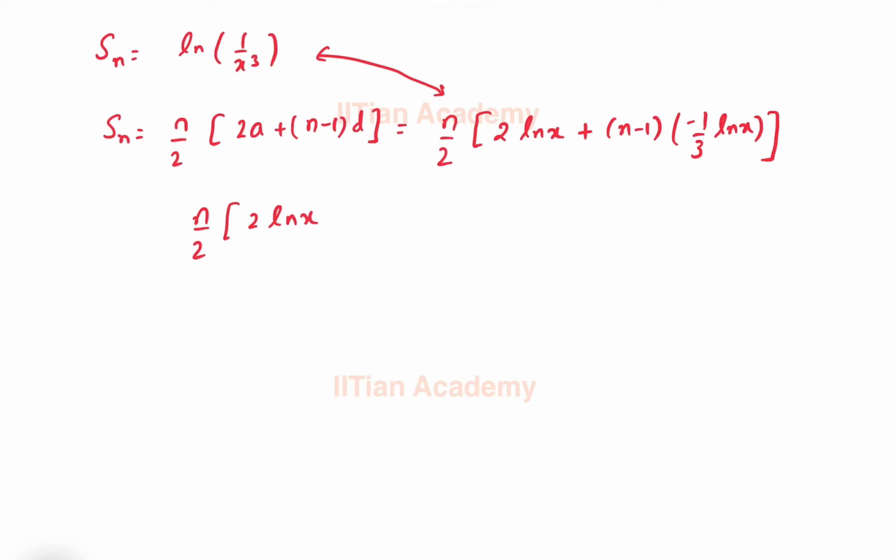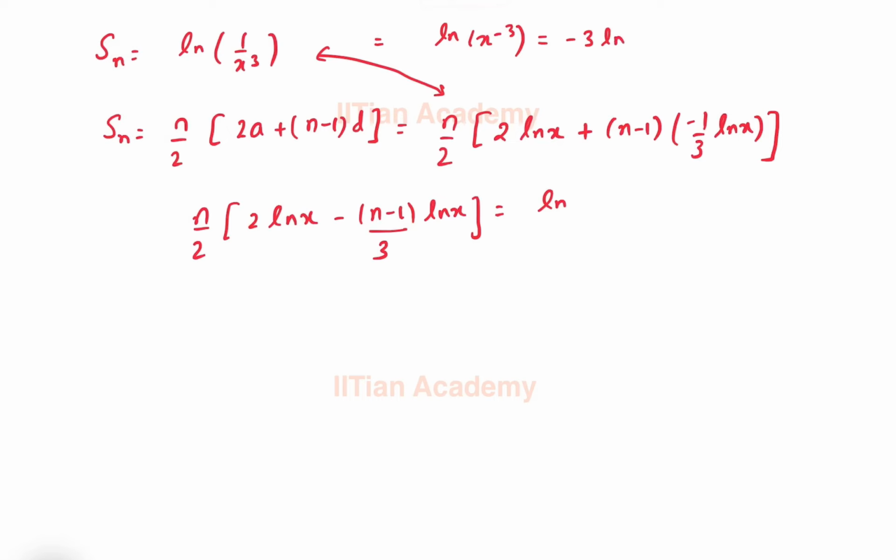So this is n by 2, 2 natural log of x minus n minus 1 by 3 natural log of x equals natural log of, this can be written as natural log of x to the power minus 3.